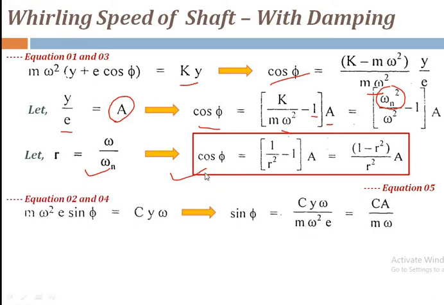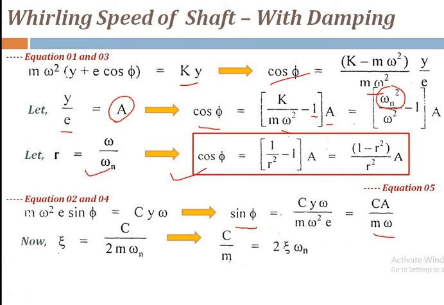Similarly, from equation number 2 and 4, we get m omega square e sin phi equal to c y omega, and after simplification we get sin phi equal to c y omega by m omega square e, and c A by m omega. Now, as we know, zeta, that is damping factor, is nothing but the ratio of c by 2 m omega n.